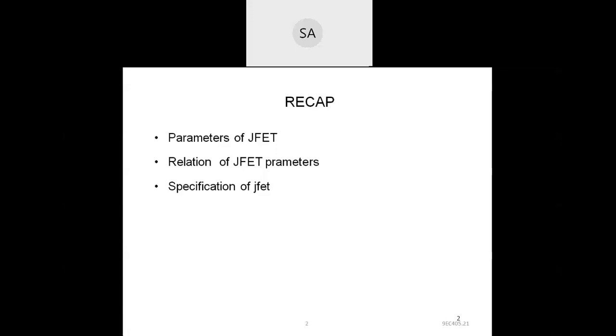And we discussed the specifications of JFET.